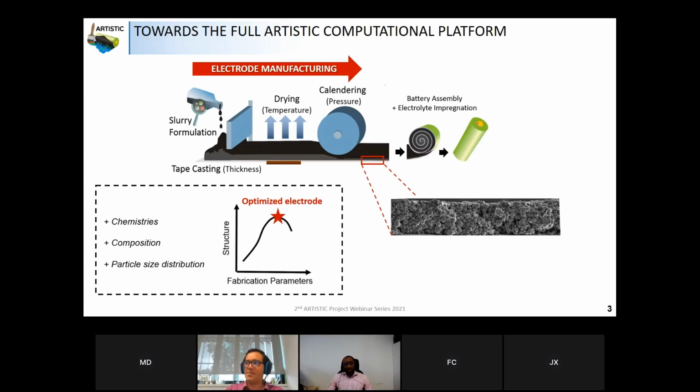This is the main purpose of the Artistic project: to develop this platform where we can try different chemistry, different particle size distribution, different composition, and then make simulations to obtain different properties, allowing us to play the role of a predictor for the experimental research.